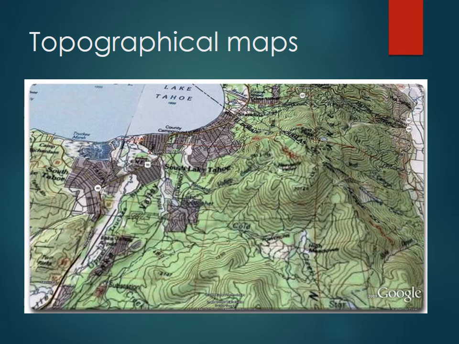One example of an isoline is if you've ever seen a topographical map, and this is of an area just outside Lake Tahoe. You can see that there are these contour lines, and this is what's called a topographical map. Each contour line represents locations that are at the same height.